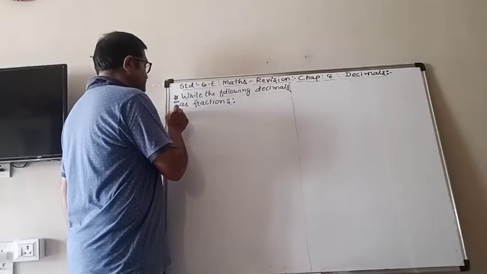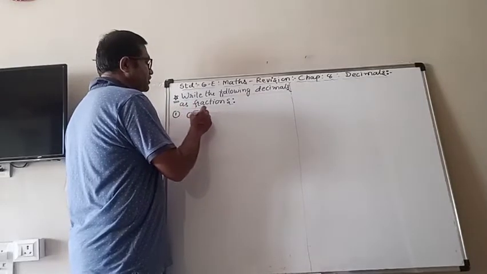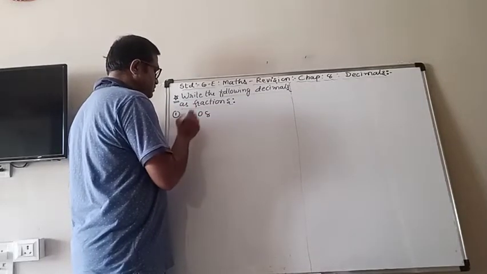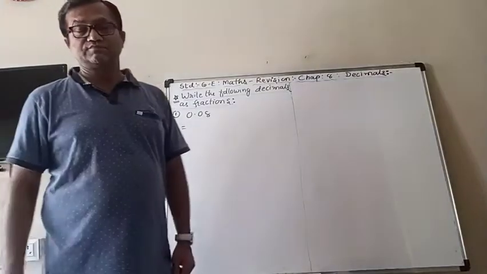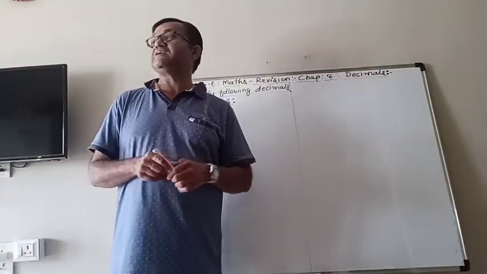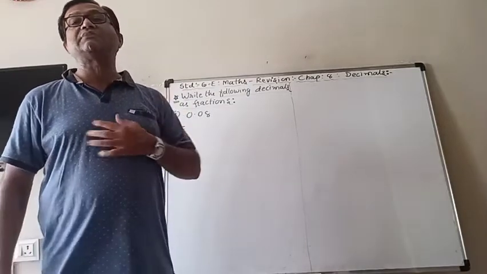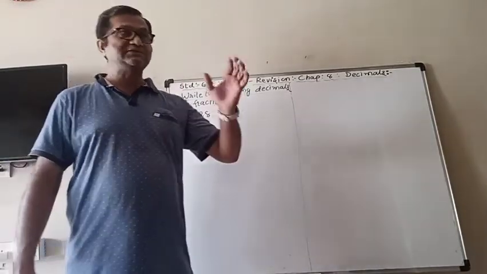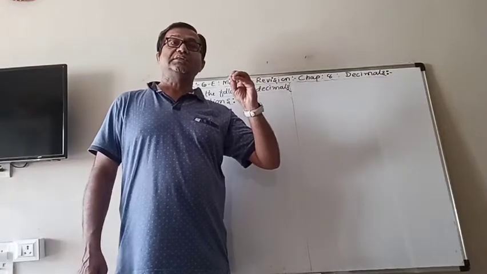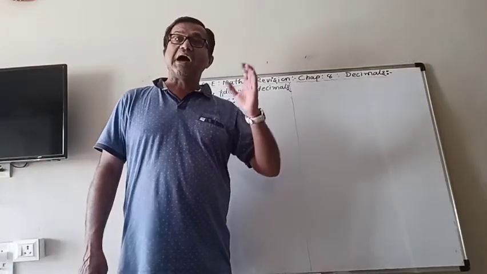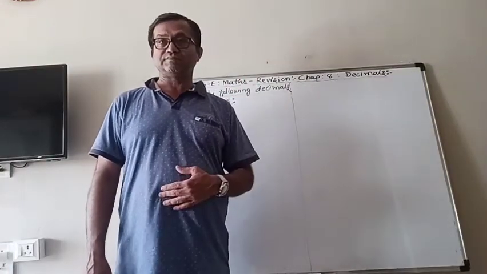First one is 0.08. Now as we know, when the number is in the decimal form, we check the decimal places, meaning the number of digits after the decimal point.